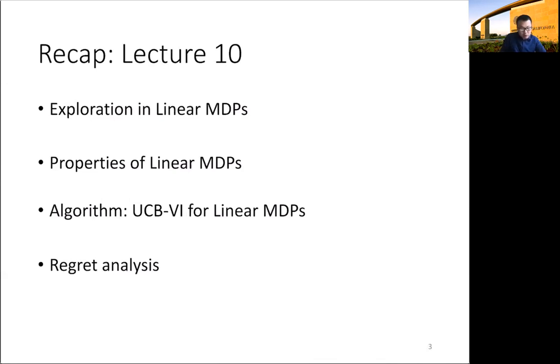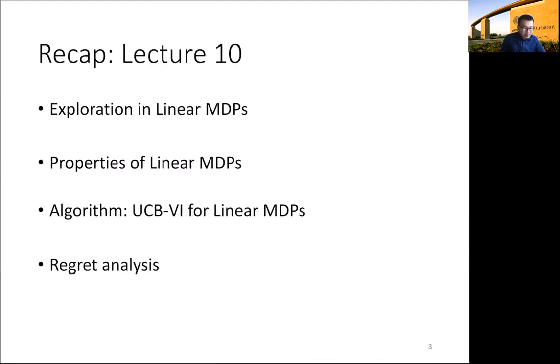And we talked about the generalization of the UCB value iteration algorithm, also known as the optimistic version of the value iteration for the tabular Markov decision processes. We generalized this to the linear MDP setting.